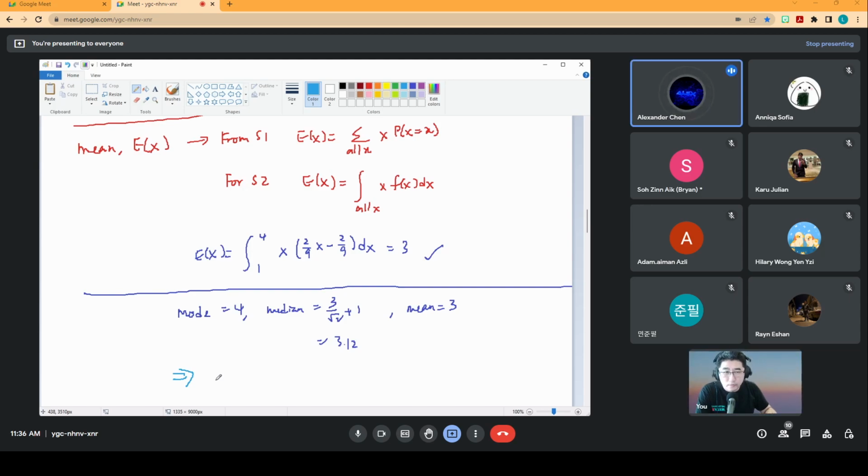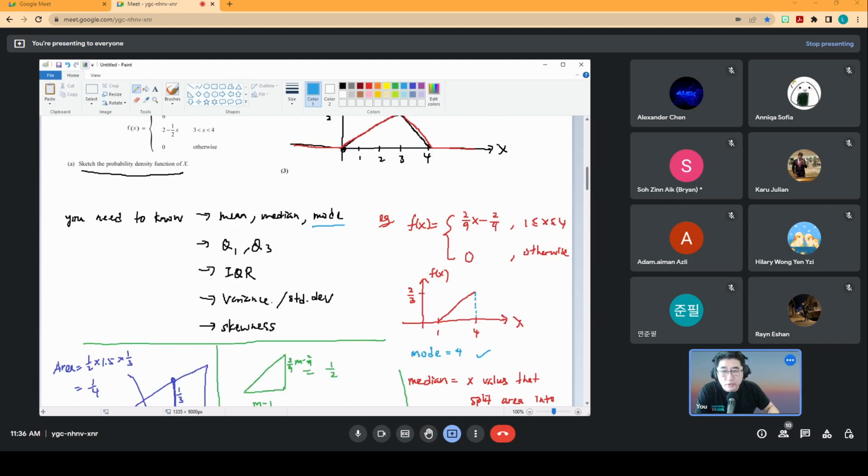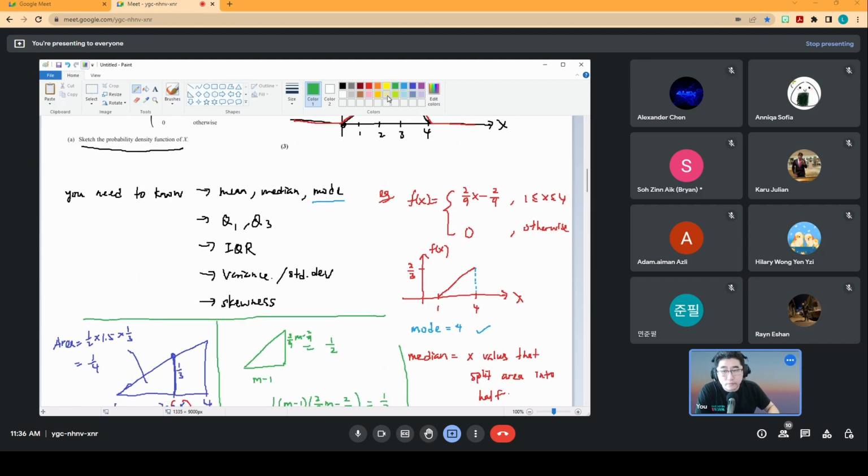Is it negatively skewed? Very good. So by looking at this, you should be able to explain its skewness.